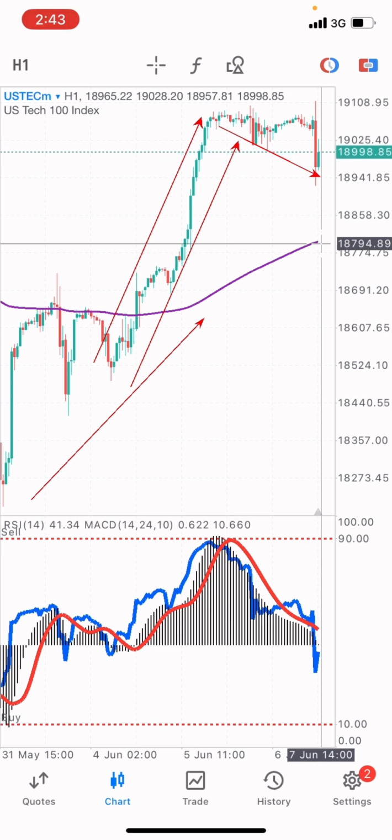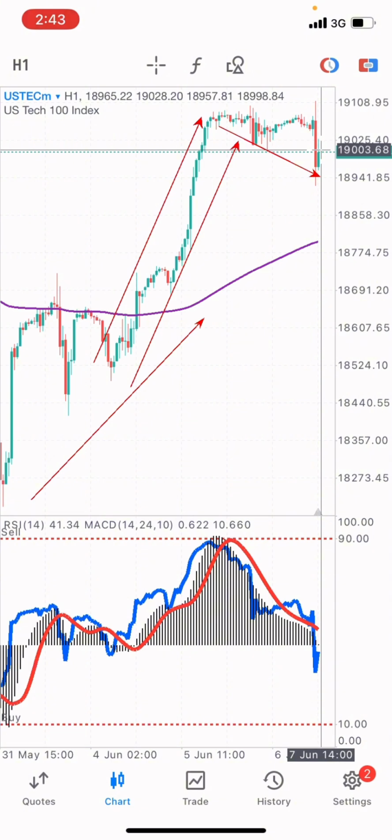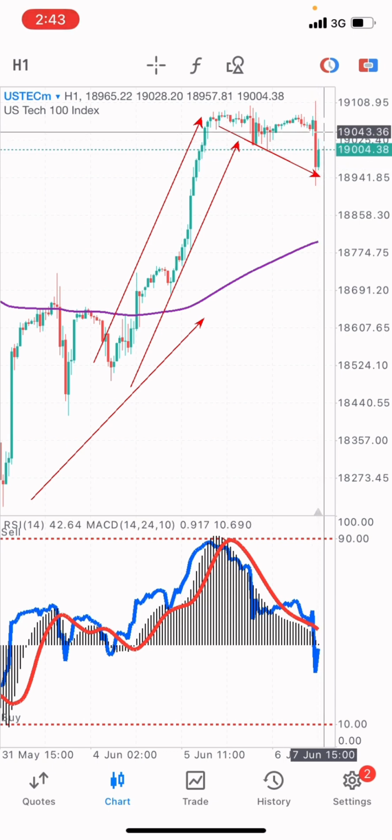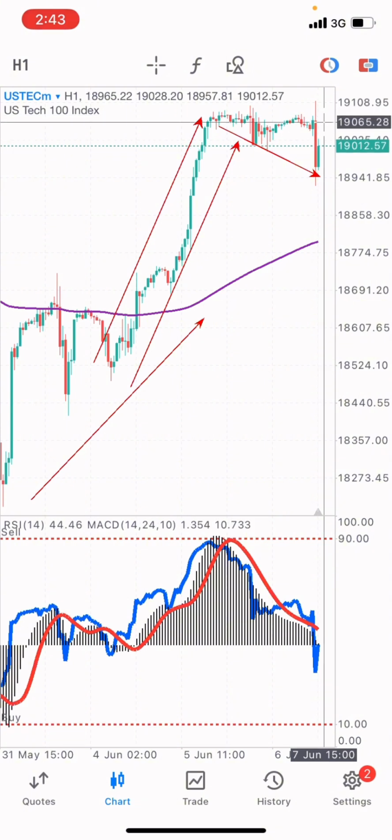Okay, so at this point right here, if you are on the 1 hour time frame, you could place a sell. You could place a sell and wait for the market to start to sell. You could place a sell probably at a point like this, and you can put your stop loss above.